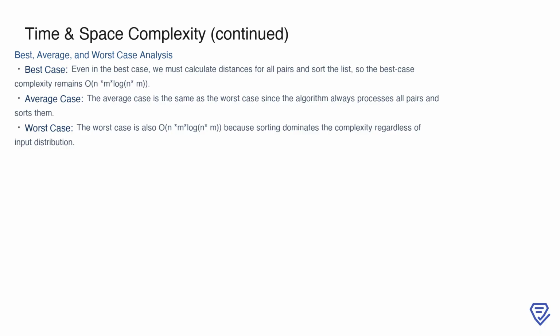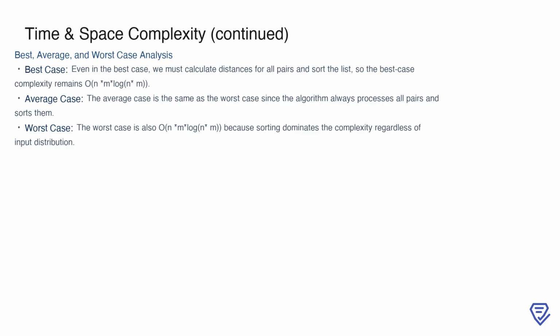Let's analyze the best, average, and worst-case scenarios for this solution. In the best case, we still need to calculate the distances for all worker bike pairs and sort the list, so the best case complexity remains n*m*log n*m. Similarly, the average case shares the same complexity because the algorithm always processes all pairs and performs a sort regardless of how the input data is structured.